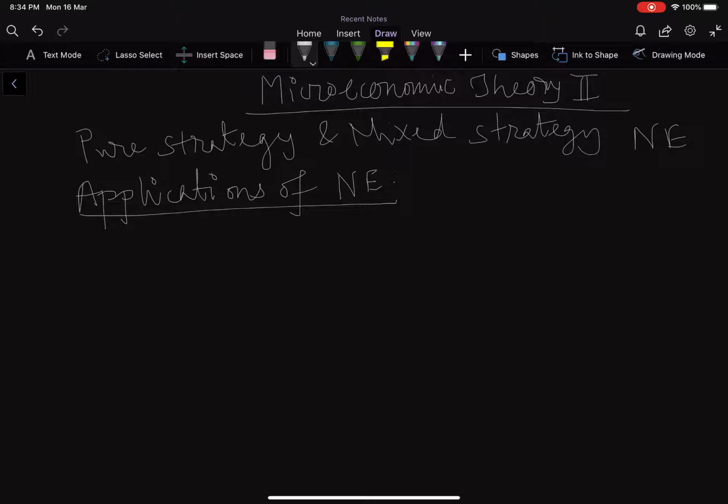In the first application that we will talk about today, we will be talking about voting. So we can think about voting or elections as a game theoretic context or a strategic context.